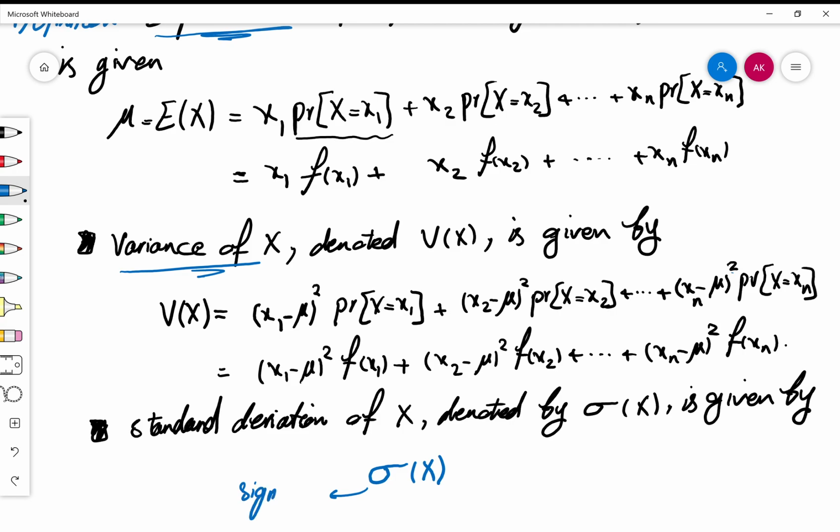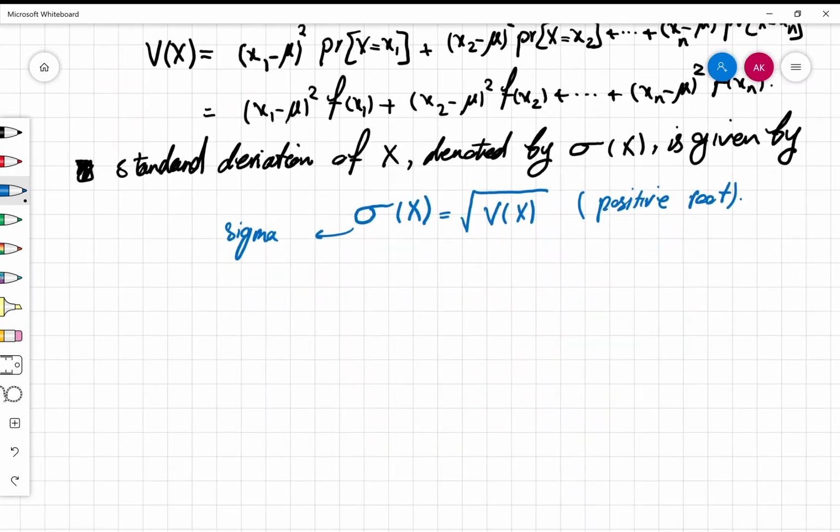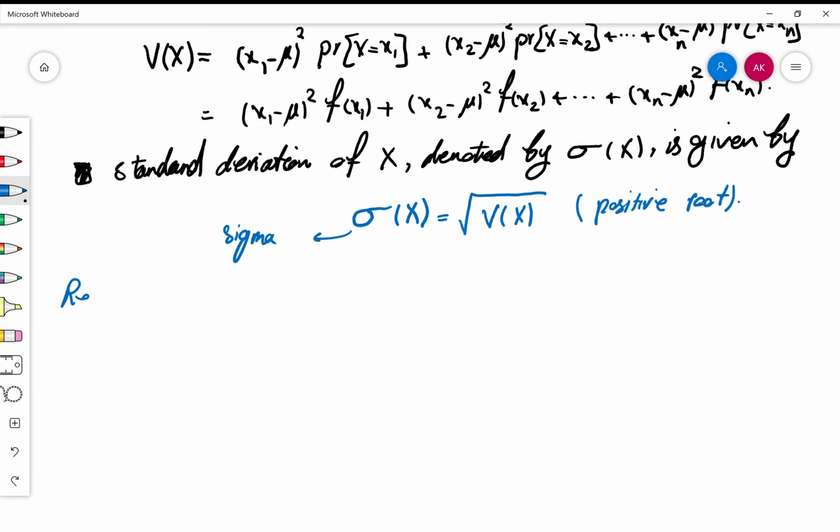It's a Greek letter. Sigma of X is given by the square root of the variance of X, and we take the positive root. Standard deviation and variance are going to be always positive numbers. Let me just write it as a remark.